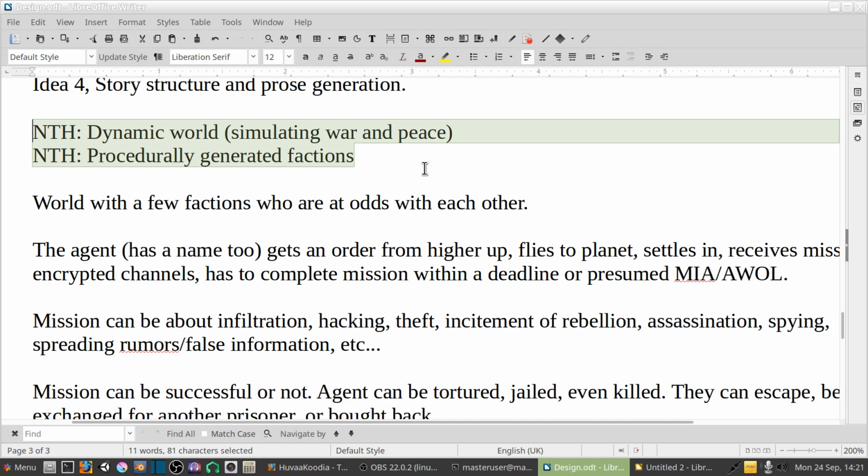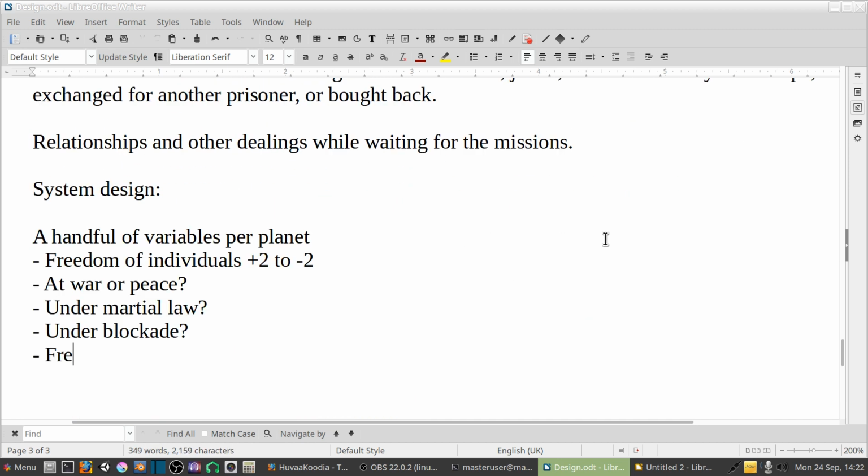And if there's a war going on, that's another variable. That affects things too. Things like basic resources might be rationed, and there are more checks in place to check for spies, for instance. So yeah, there are only a handful of variables. Let's write that down. Free trade, stuff like this. They can have some effects.